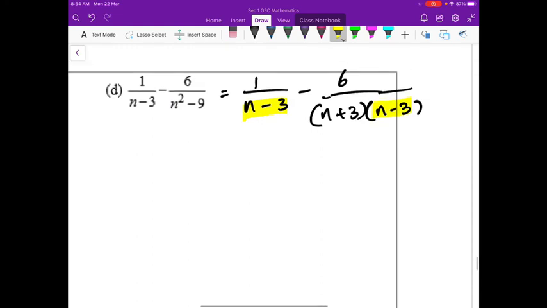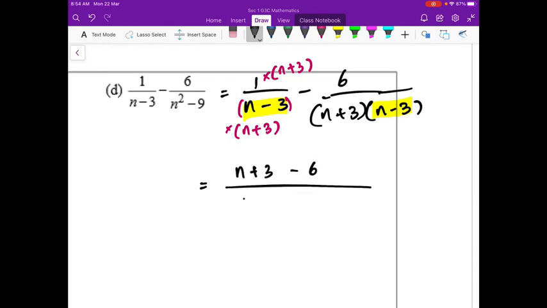So to make the denominators the same, I want the final denominator to become n plus 3, n minus 3, or you can write it as n squared minus 9. Both are simple enough. So the only change I need to do is to the first fraction. I multiply this by n plus 3. So multiply this by n plus 3. n plus 3 minus 6 over n plus 3, n minus 3.